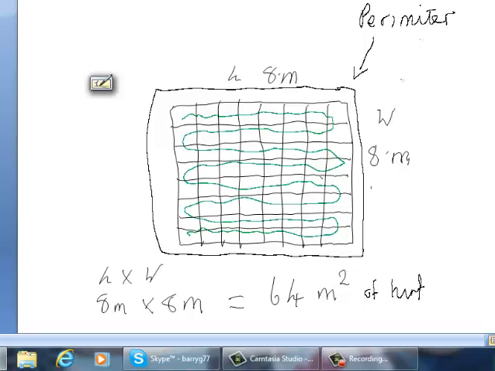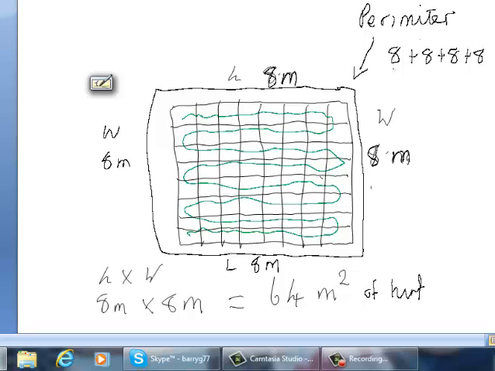So what we continue to do is, we know there's 8 meters the width, we know the length is 8 meters, and it will also be the same at the bottom of the square, 8 meters, and also the width here will be 8 meters. So to perform a calculation to find the perimeter, it is 8 plus 8 plus 8 plus 8.